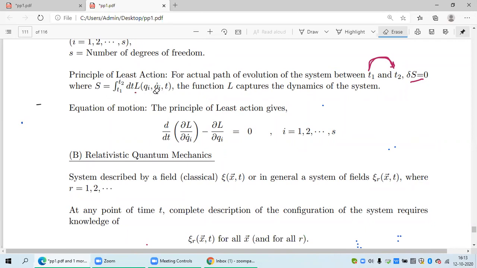This action is associated with a path. It is not associated with a particular time. It is a path from T1 to T2. To that path you associate an action and you say that that path is the actual path for which action is minimum. So action is just a pure number associated with a path.